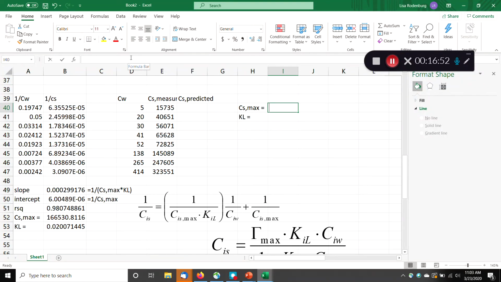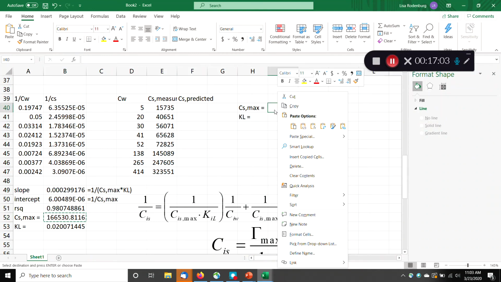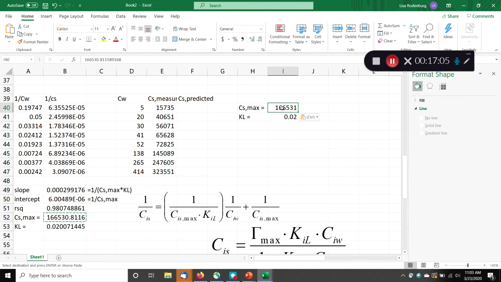So we'll start with a KL of 0.02 because that's what we got down here. Sorry, that should be KL. And I'll start with a CS max of whatever this was. I'm going to paste just the value here, not the formula. Right? So if I click here, there's no formula. It's just a value. All right, so these are just starting guesses, okay?